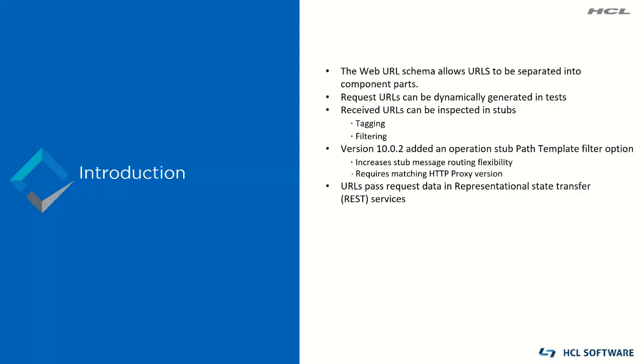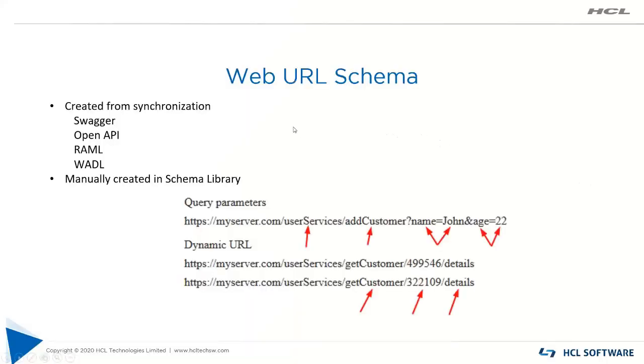If you've ever looked at the URL in your browser, when you've hit the go button in some application, you will have noticed that as well as the host name and the port number and some URL that you're going to, there might have been other parameters sent in that URL. And quite often there's no body sent in the message, so a lot of this is purely done in the URL.